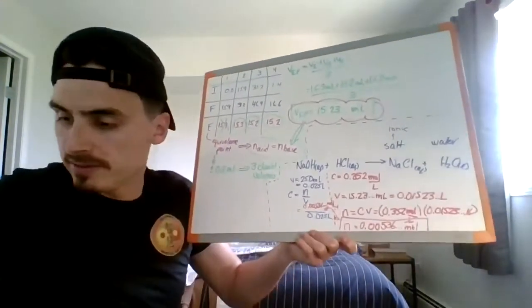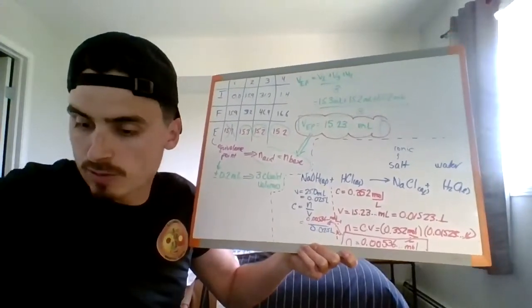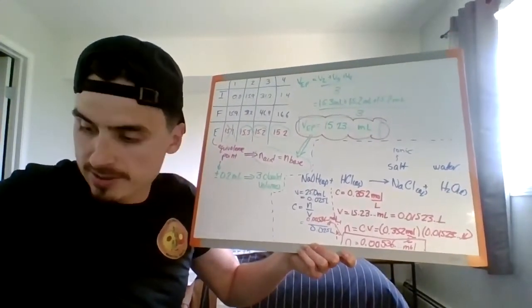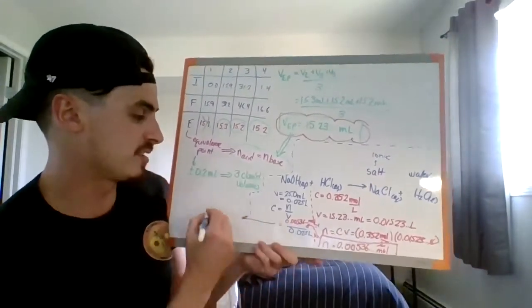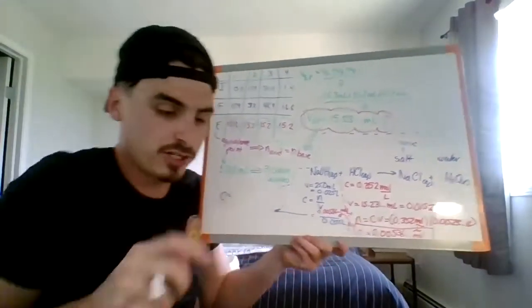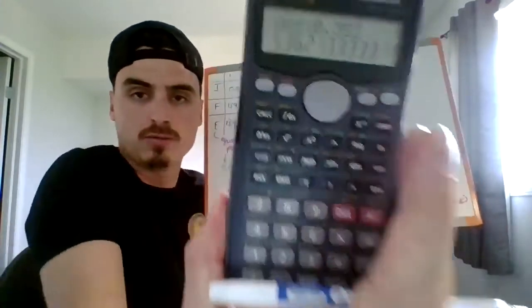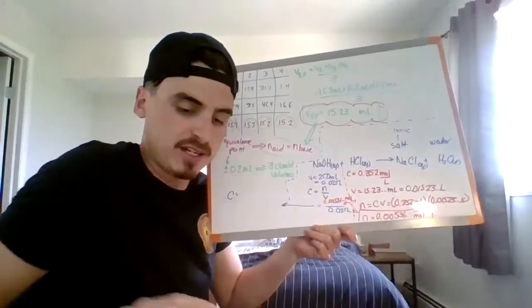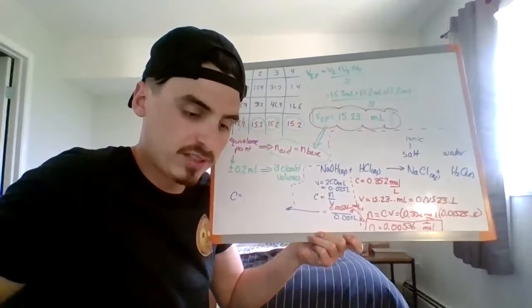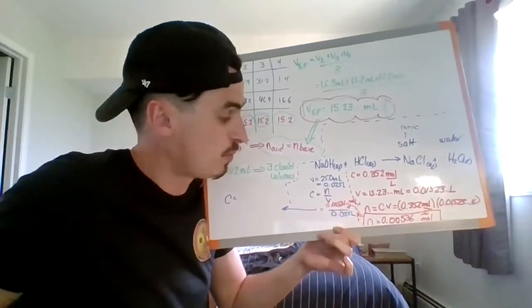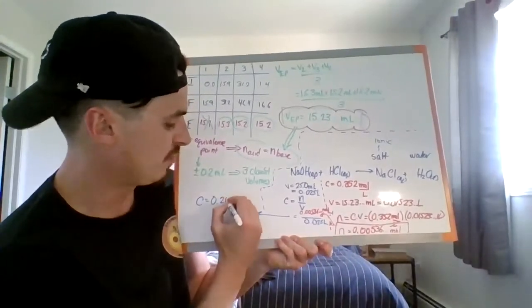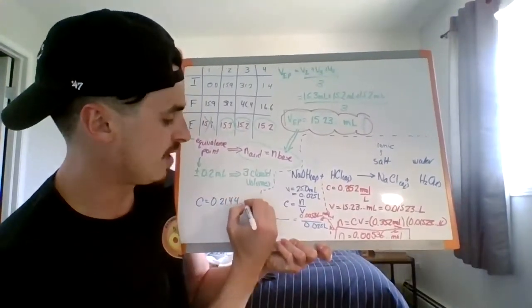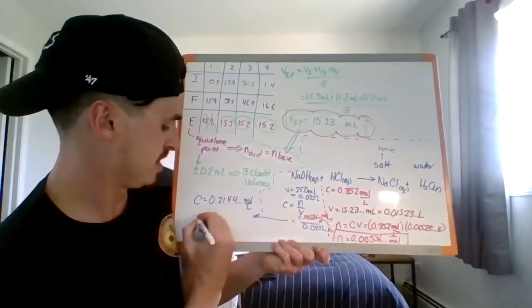I know it's getting a bit small. I apologize, everyone. Okay, but it's going to come together. So I'm going to move over here now, just so you guys can see. So concentration, I'm going to take that mole number, which is right here, and I'm going to divide by 25 milliliters, so 0.025 liters, and I'm going to get 0.2144 moles per liter.